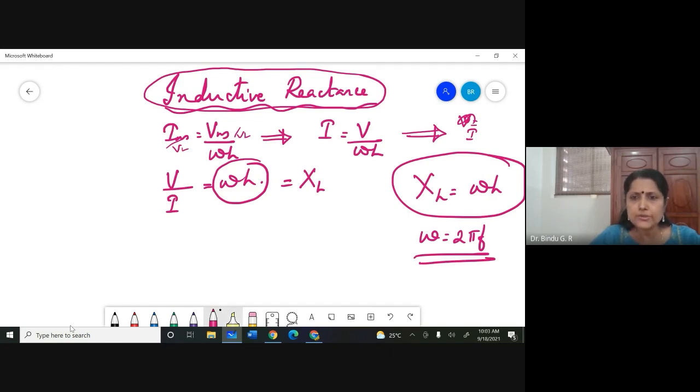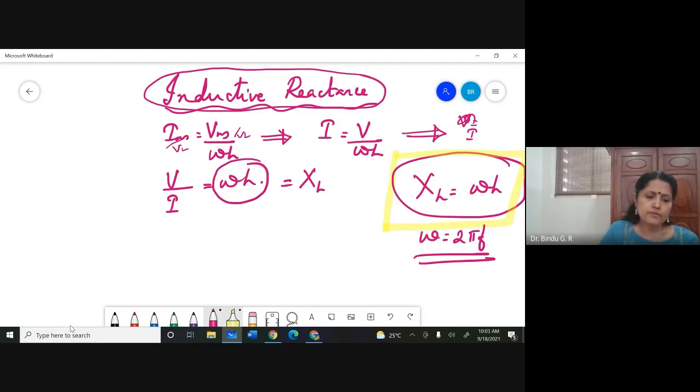Very important, you always need to remember XL is the opposition offered by the inductance to the flow of current.